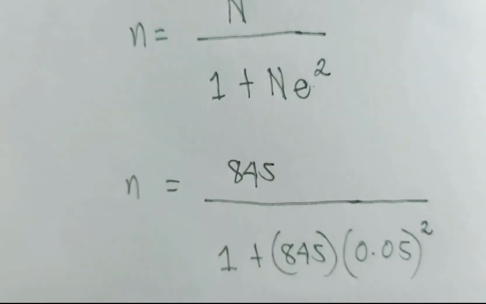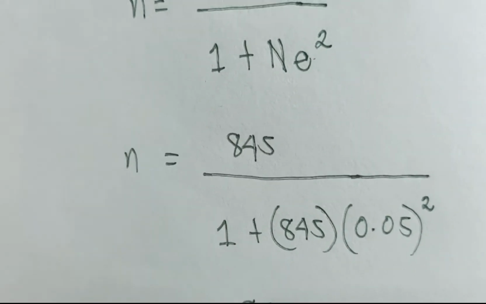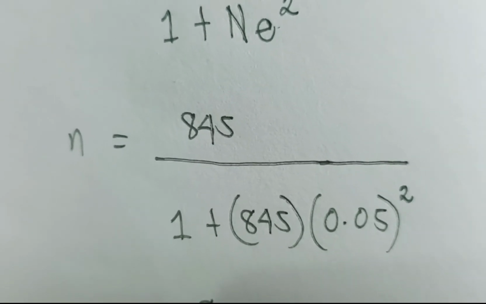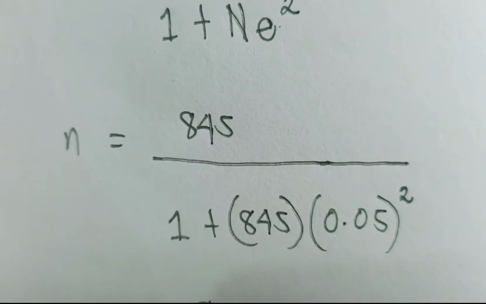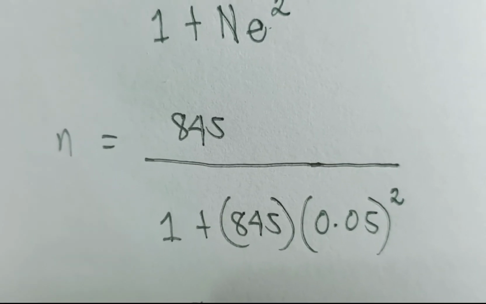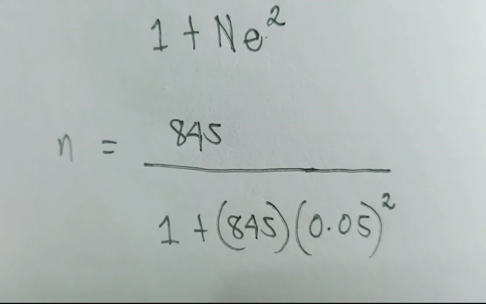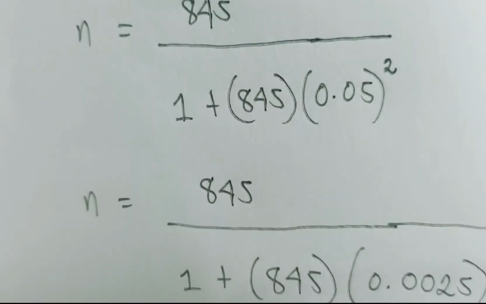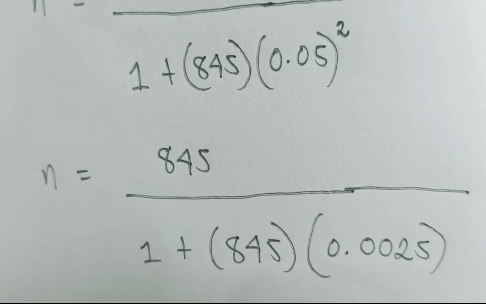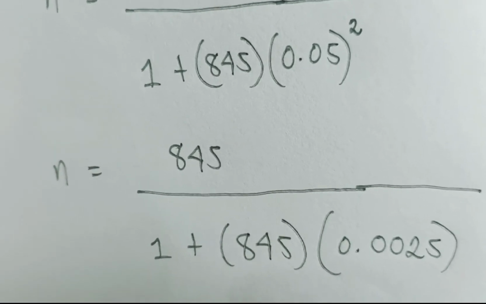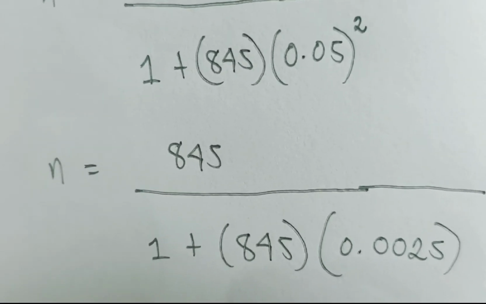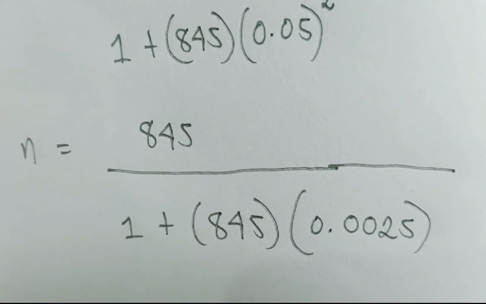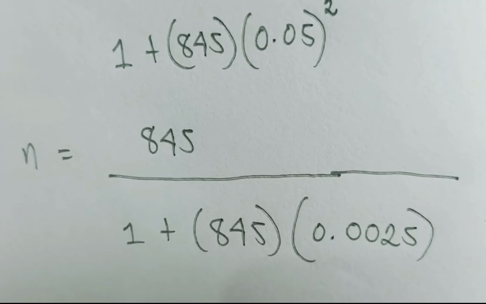Okay? So since the capital N is equal to 845, we have n is equal to 845 over 1 plus 845 times 0.05 squared. We have to solve first 0.05 squared, which is equal to 0.0025. Now we have n is equal to 845 over 1 plus 845 times 0.0025.